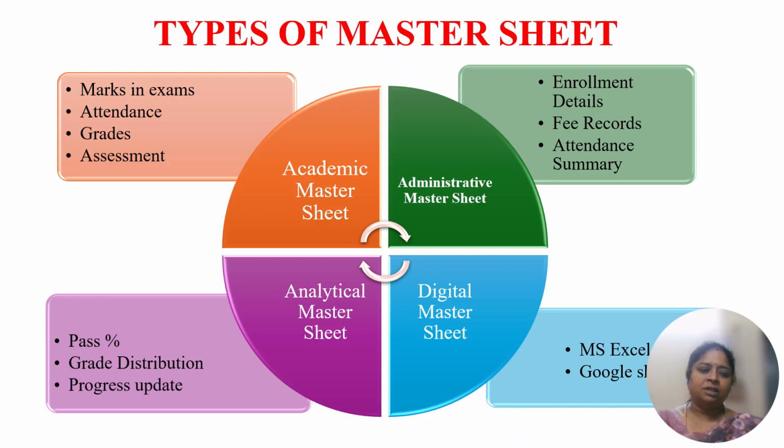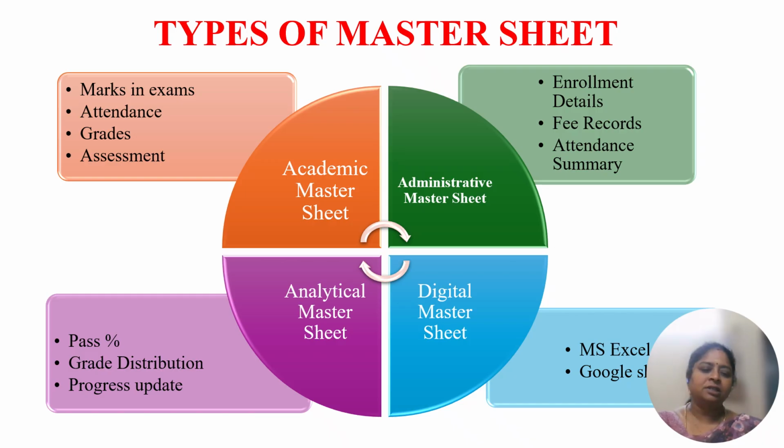In academic master sheets, we accumulate marks obtained in examinations, the details of attendance, the details of grades, and assessment criteria. In case of administrative master sheets, the enrollment details of each and every student, the fee details, and attendance summary is provided.